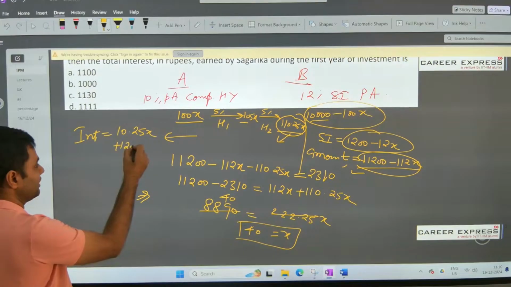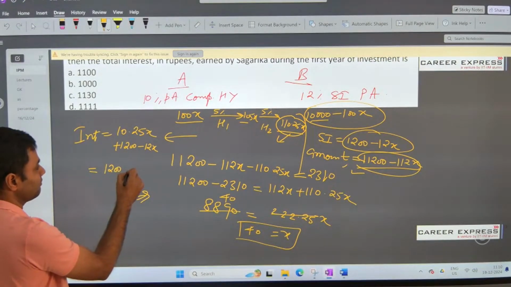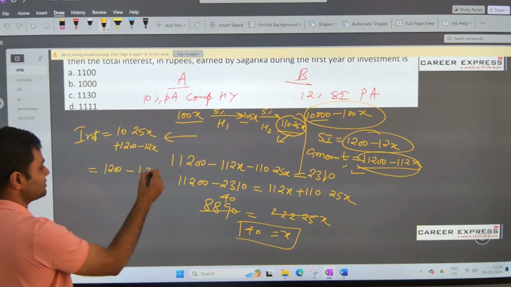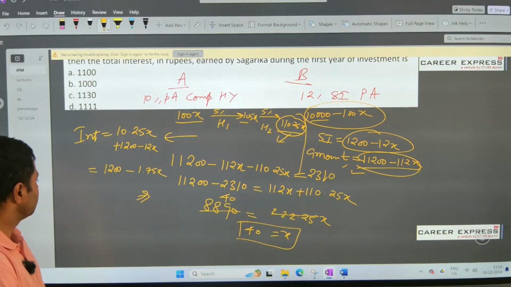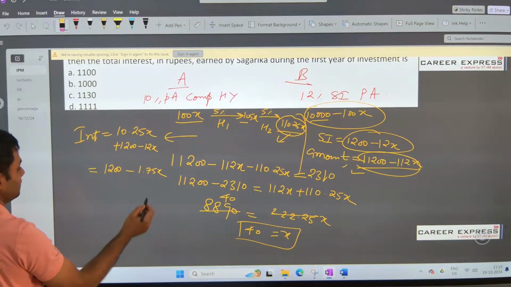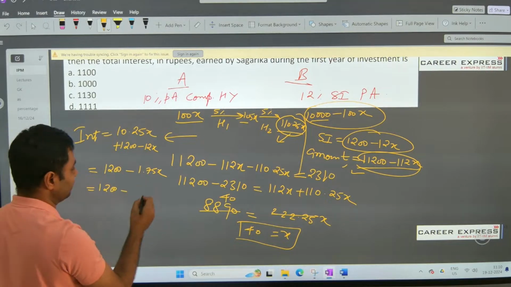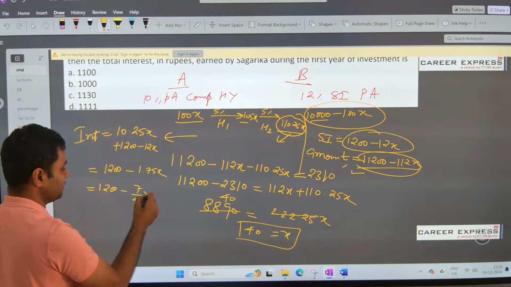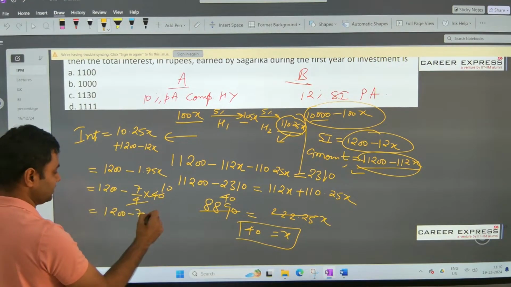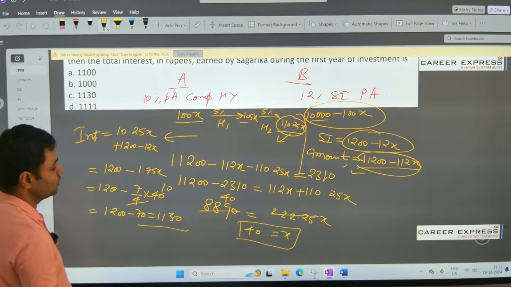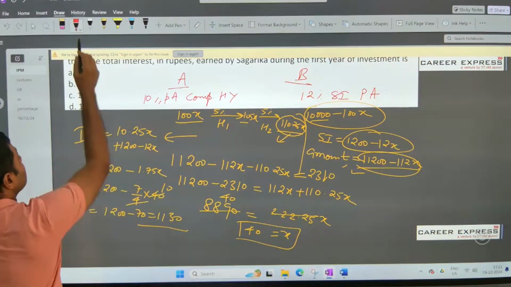If I add these, the total value of interest will be 1200 minus 1.75x. Now we already know the value of x. So total interest will be 1200 minus 1.75 into 40, which is 70. So 1200 minus 70, that is 1130. So the total interest we earned in 1 year from both the schemes together is 1130, that is option C.